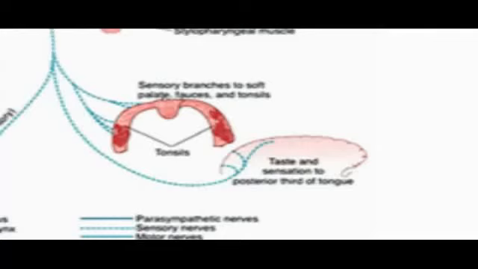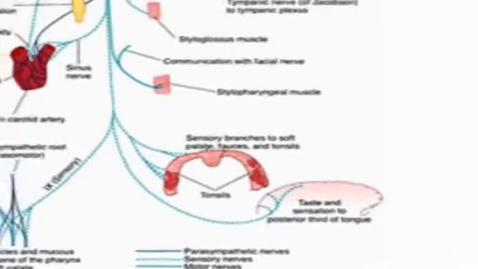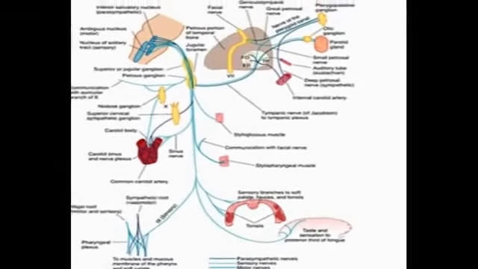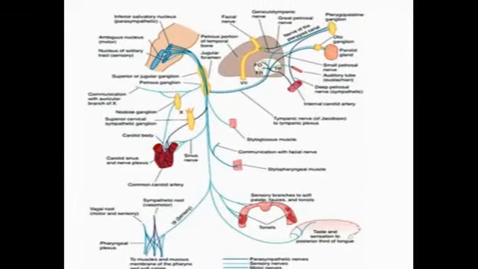I just wanted to show you how from these two nuclei comes mostly the sensory nerves. These two nuclei send sensory nerves to the uvula, the small tongue, and to the tonsils. The impulse comes from the two nuclei in the same direction to both of them.